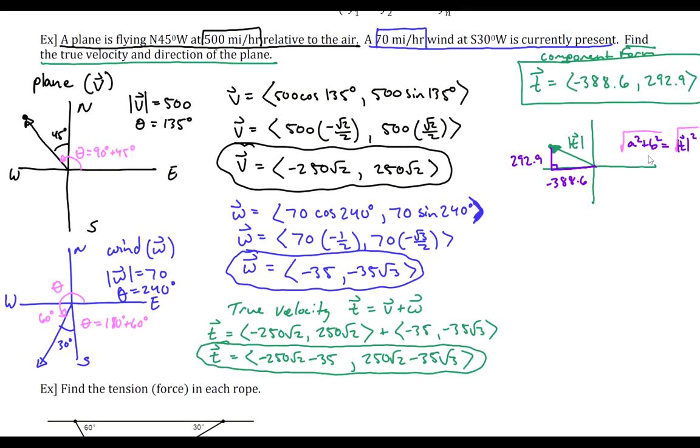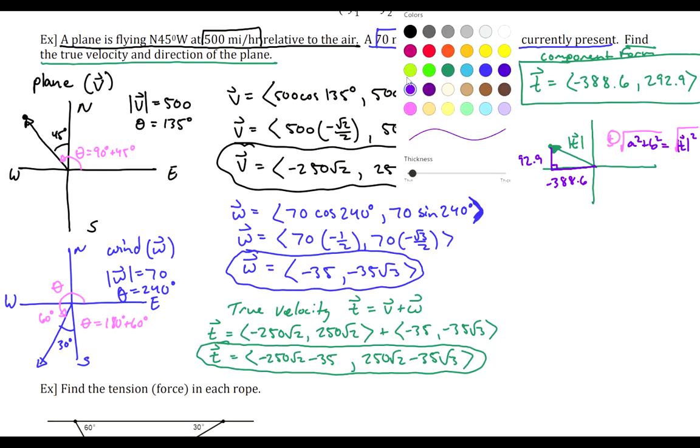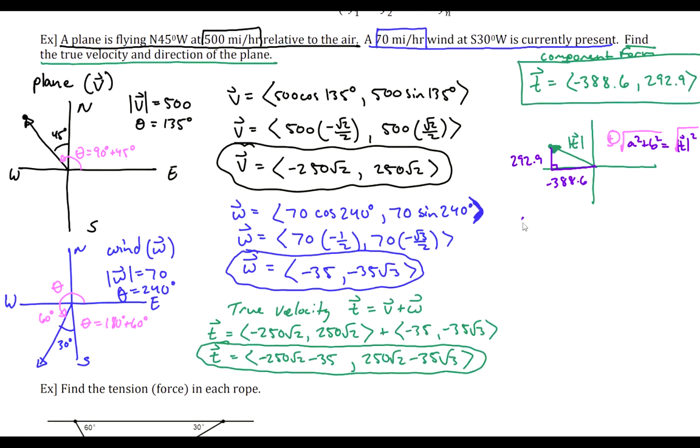So I'm just setting up the equation. Now, we don't need plus or minus. For habit, I think it's a good idea, but I'm instantly going to choose the positive. Okay, and so now we're going to write it as the magnitude of t is equal to our big old square root, the negative 388.6 squared plus the 292.9 squared.